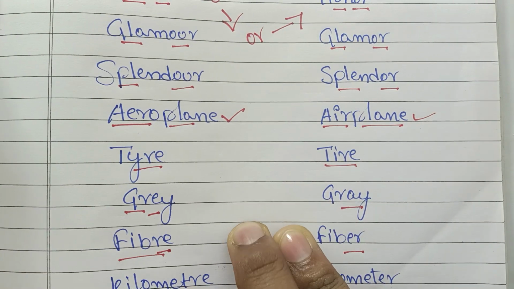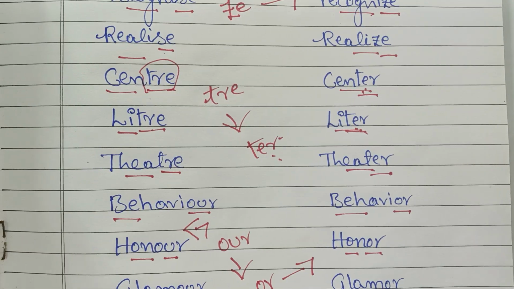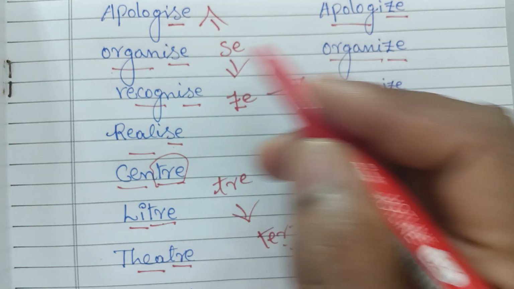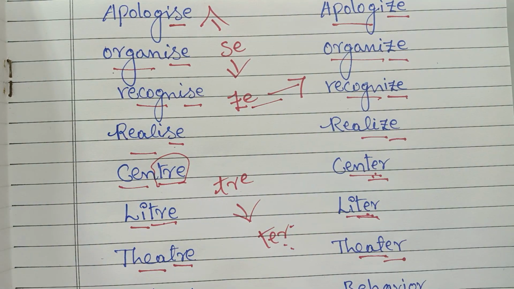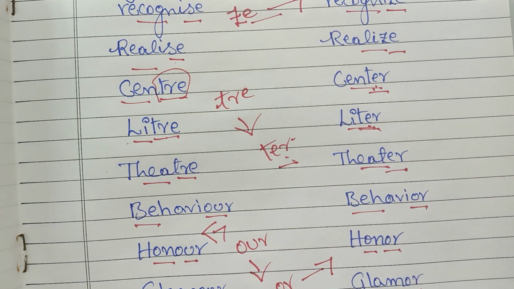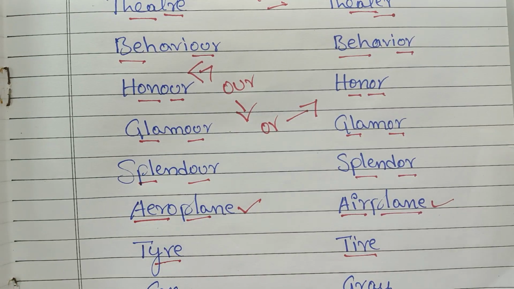I'm trying to make it clear now. Try to understand all these key points. The words which have SE in British will have the ZE form in American, TRE in British, TER in American, OUR in British, OR in American. And a very major difference, aeroplane and airplane.